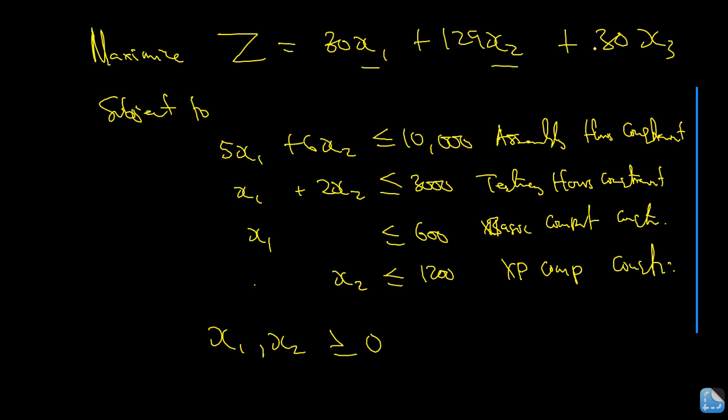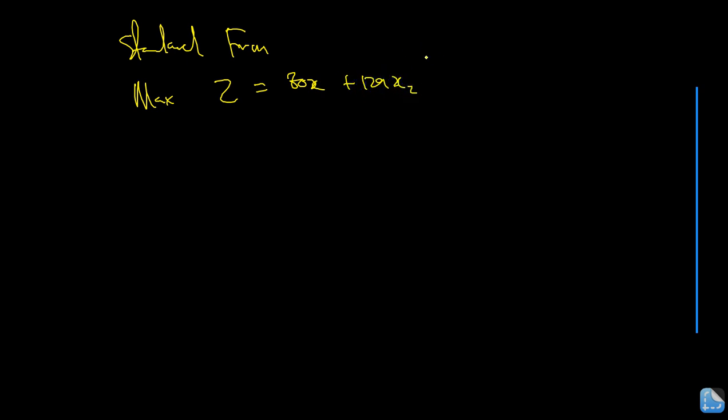Now, as a first step, which I have already mentioned, you must make sure that you standardize your problem, or you write it in standard form. The standard form for your objective function, which is 8x1 plus 129x2, will come once we have done our constraints.